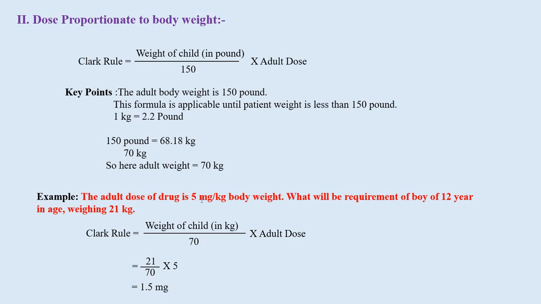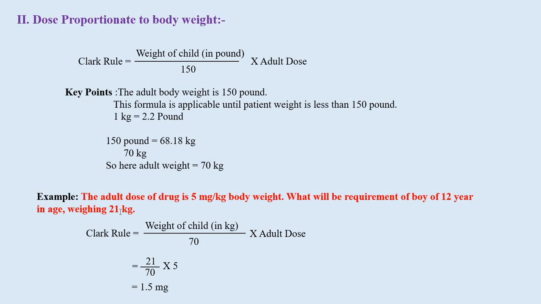The adult dose of a drug is 5 mg per kg body weight. What will be the requirement for a boy of 12 years in age weighing 21 kg? Here they gave extra data, 12 years, and they also gave the weight, 21 kg.